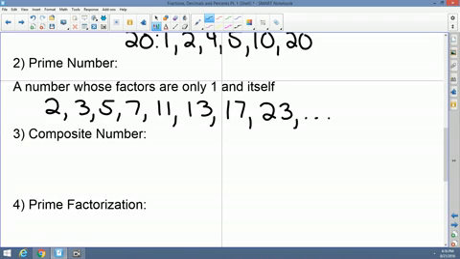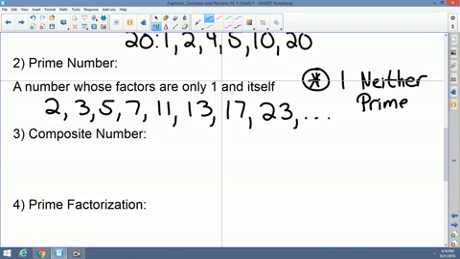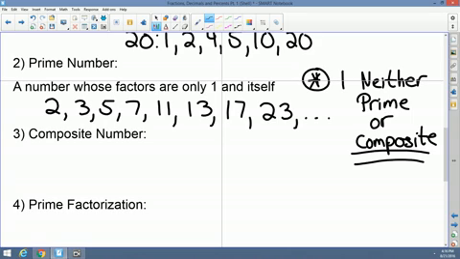Now that we mentioned the number 1, I do want to note that 1 is neither prime or composite, which is a number that has more than 2 factors. So a composite number is a number that has more than 2 factors.